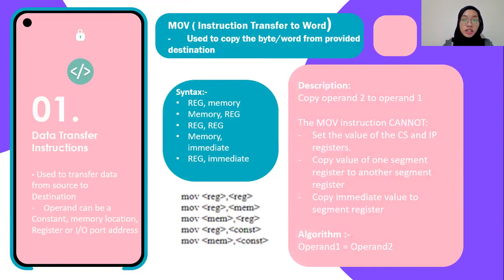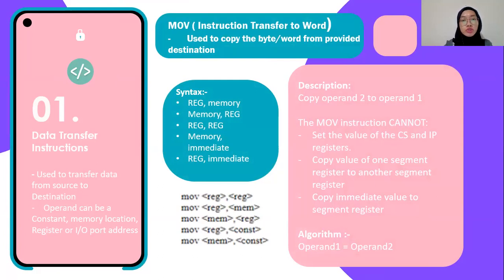So the description of this instruction is copy operand 2 to operand 1. The MOV instruction cannot set the value of the CS and IP register. It cannot copy the value of one segment register to another segment register, and cannot copy an immediate value to a segment register.